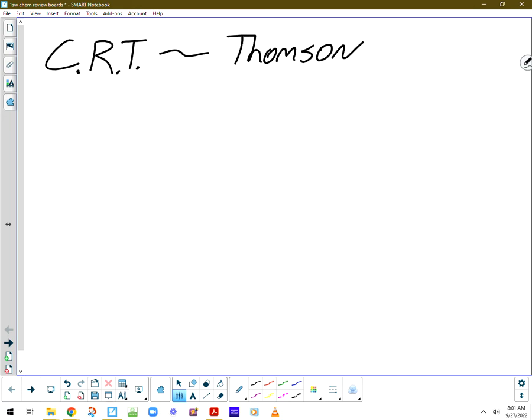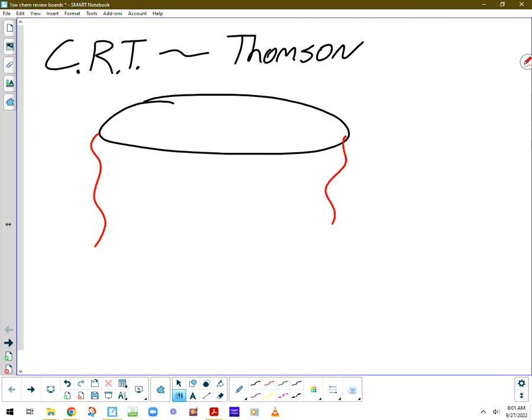Basically, what they did is they had this big glass tube with electrodes running to either end and set up inside the tube. They had gas of some kind inside the tube at low pressure.